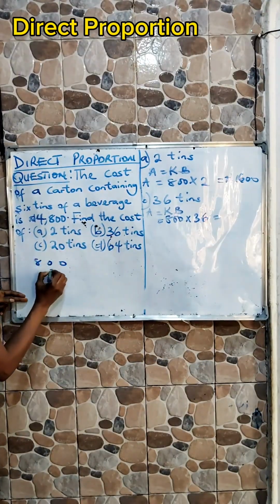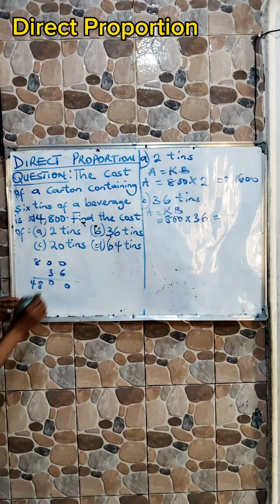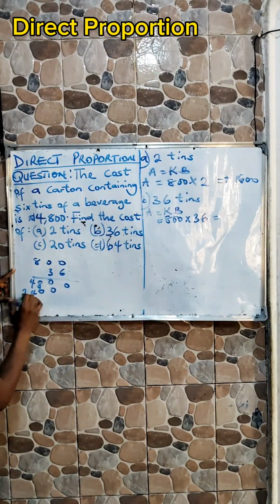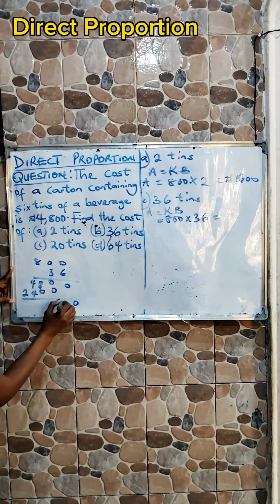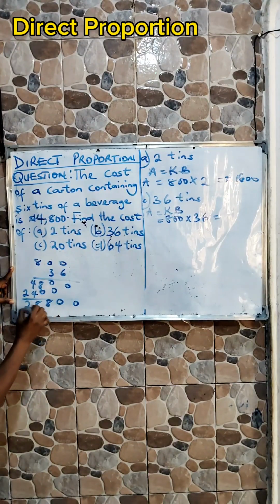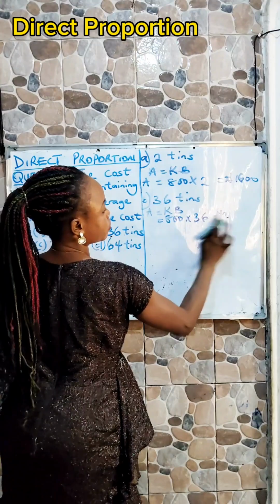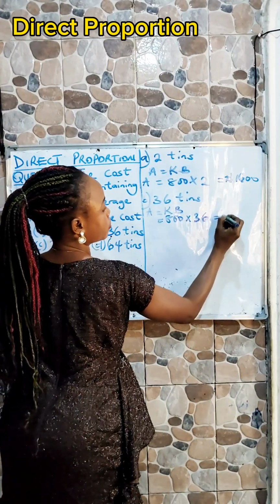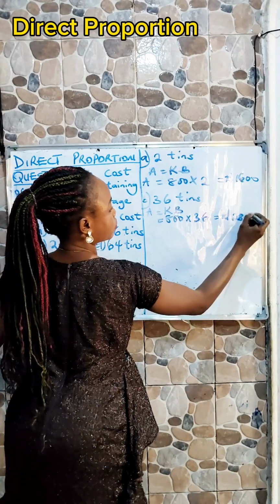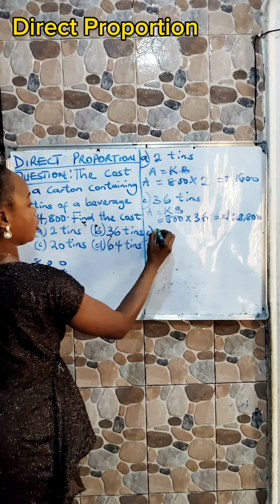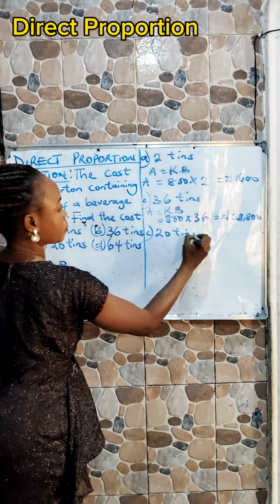Let's do it. 800 times 36. So 28,800 naira.